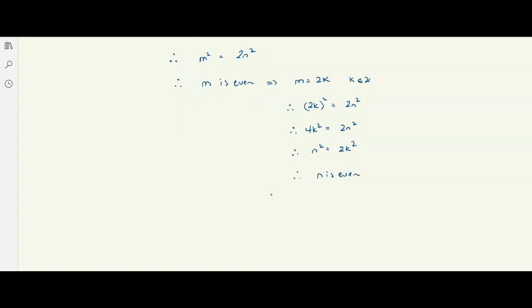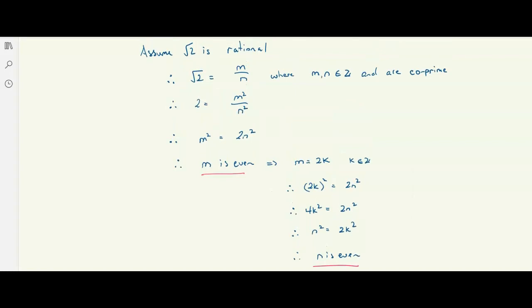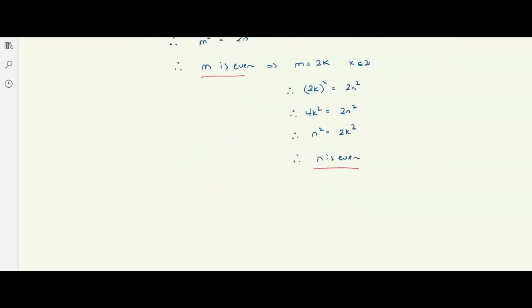Now we've got n is even and we've got m is even. Let's go back to our assumption that root 2 is m over n, where m and n are integers and are coprime. How can they be coprime if they're even over even? We've got a common factor of 2. So therefore m over n can be simplified, right?